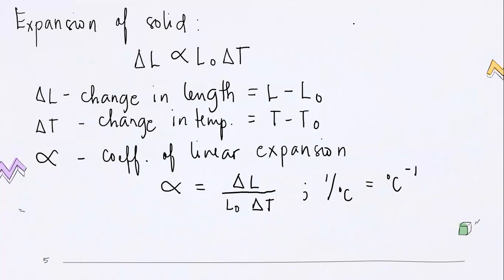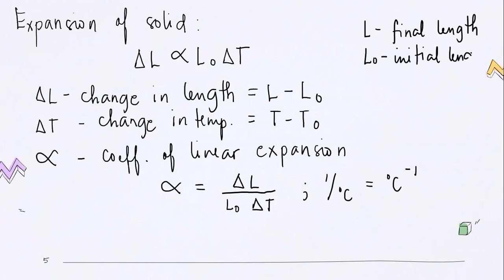Where L is the final length, L sub O is the initial length, capital T is the final temperature, and T sub O is the initial temperature.